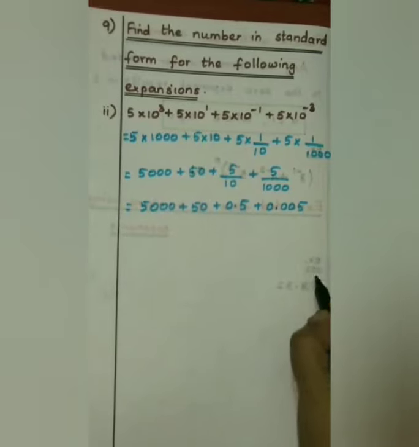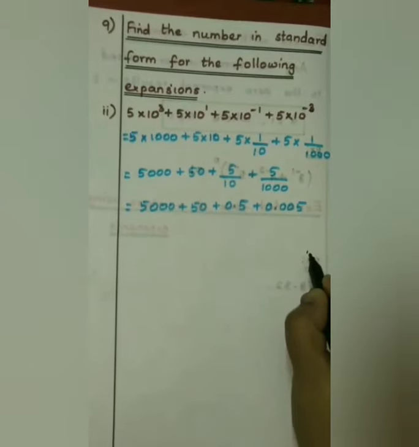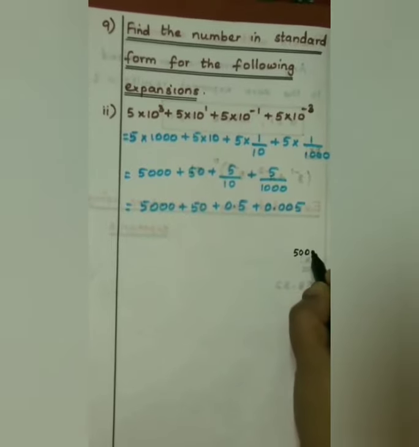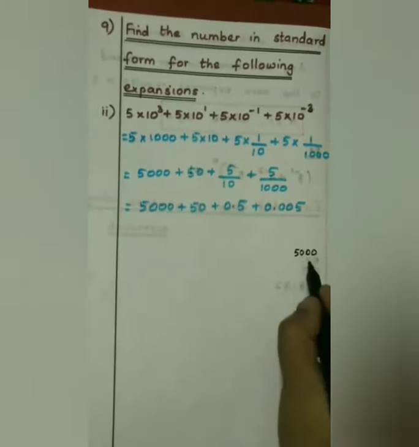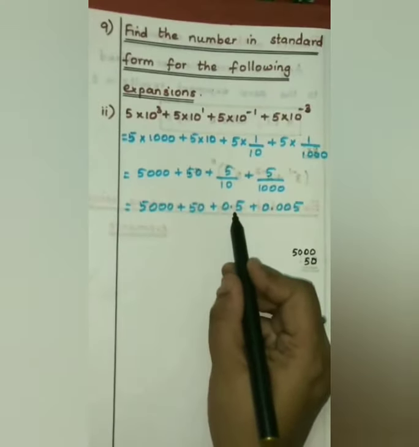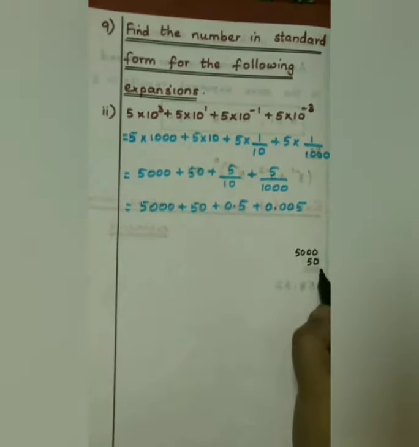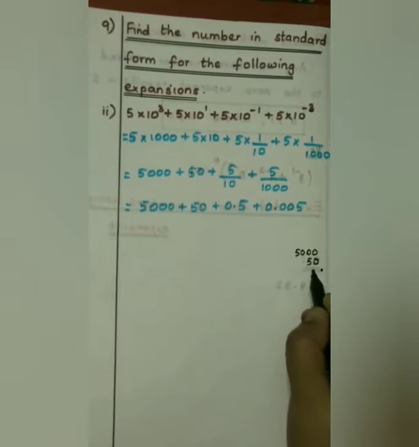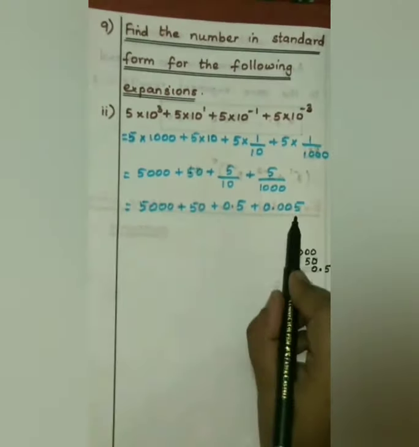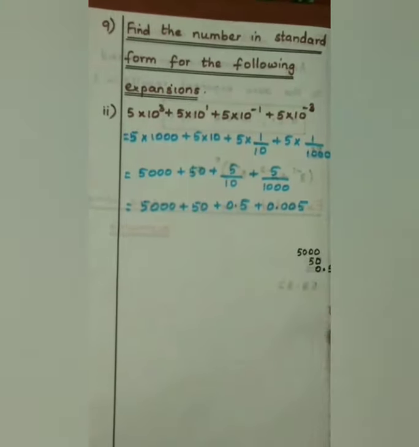First number 5000, second term 50, and the third term is 0.5. So you keep the decimal point here. Before that you write 0 and after that you write 5. The last term is 0.005.